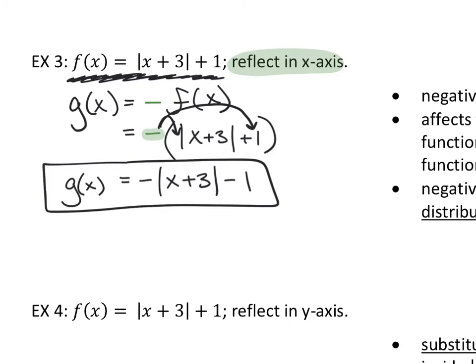And we think that our final answer should be negative absolute value. So I got to go do those buttons again. Math, number, ABS, x plus 3, thank you, Ruby, minus 1.